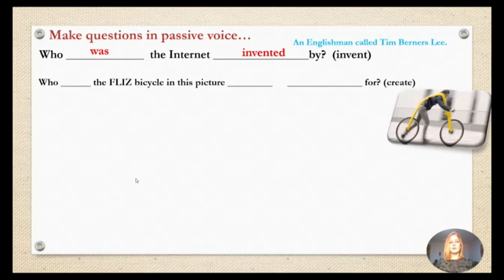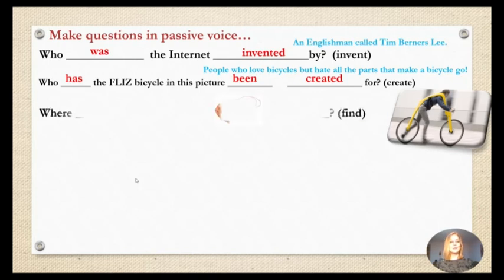Present perfect. Okay, so who has the fleece bicycle in this picture been created for? And listen to the answer. It has been created for people who love bicycles but hate all the parts that make a bicycle go.